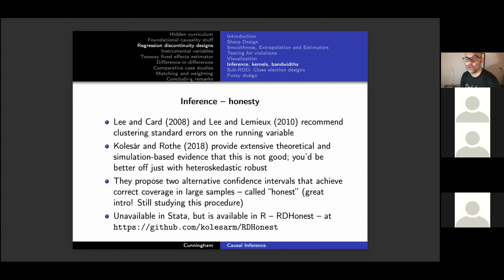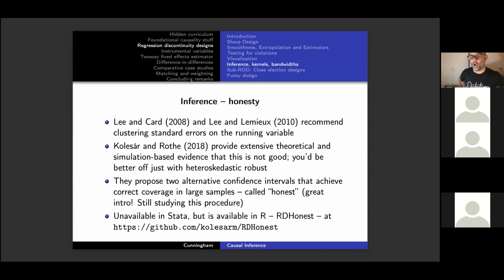Now we move into how do we construct confidence intervals? How do we handle weighting procedures? And how do we choose our bandwidths? So Lee and Card and Lee and Lemieux in 2008 and 2010 recommended clustering standard errors on the running variable.